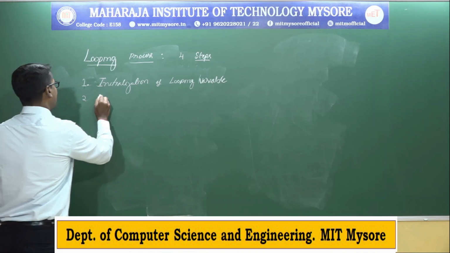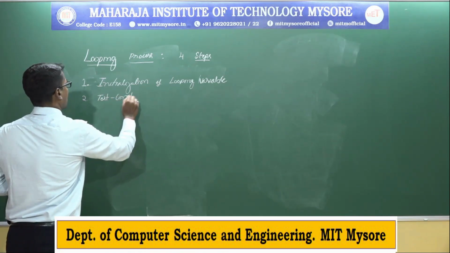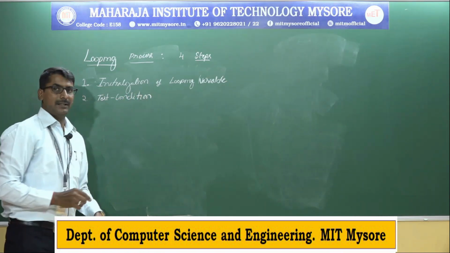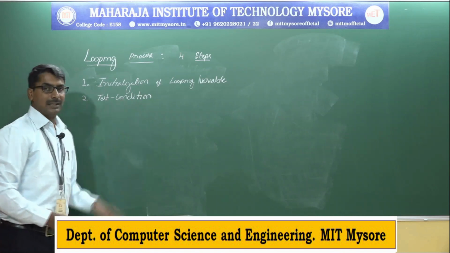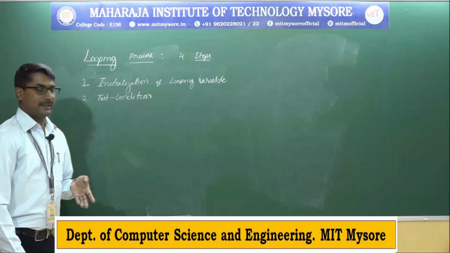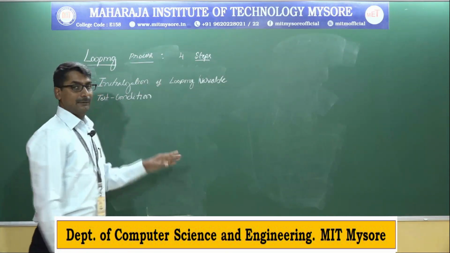Next is the test condition. Here we check the condition. Based on the condition, the body of the loop will execute. So we need to write the testing condition very carefully.